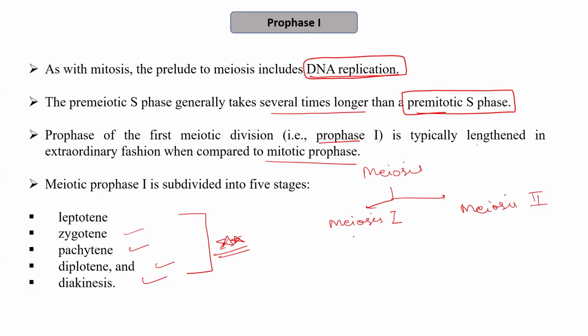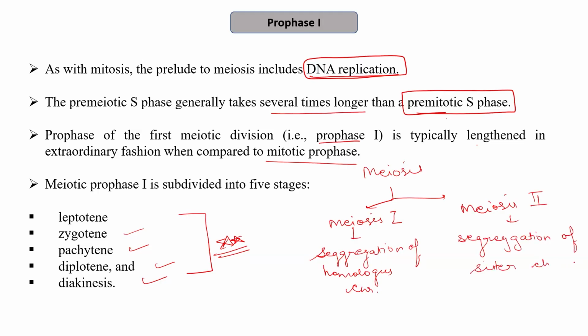In meiosis 1, segregation happens. Segregation of what? Segregation of homologous chromosomes, right? While in meiosis 2, there is a segregation of sister chromatids, right?